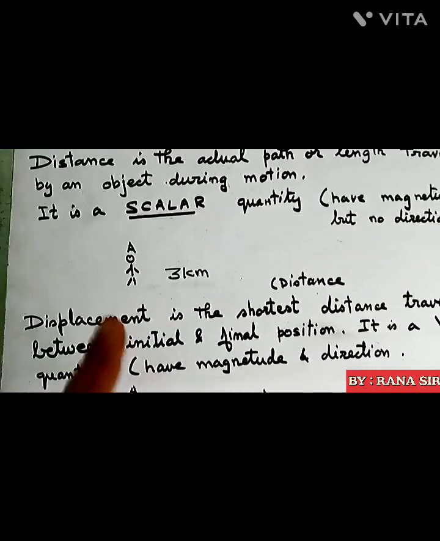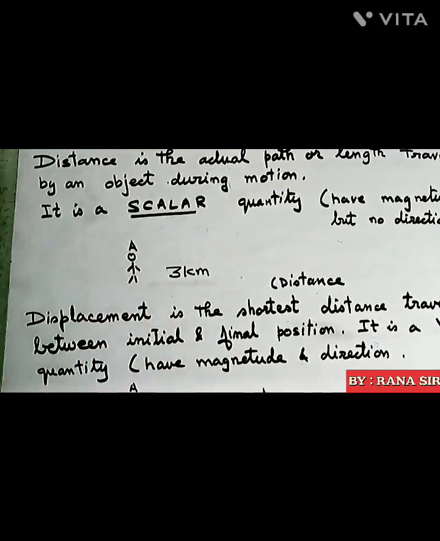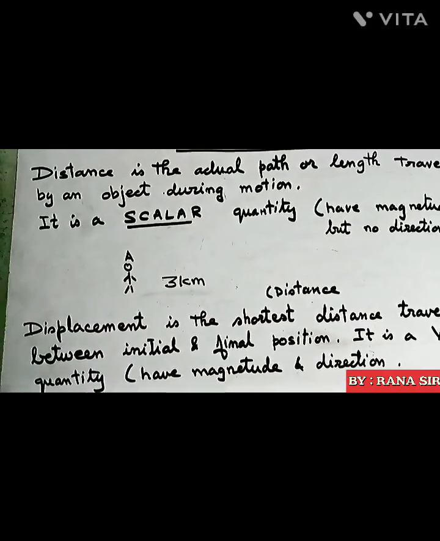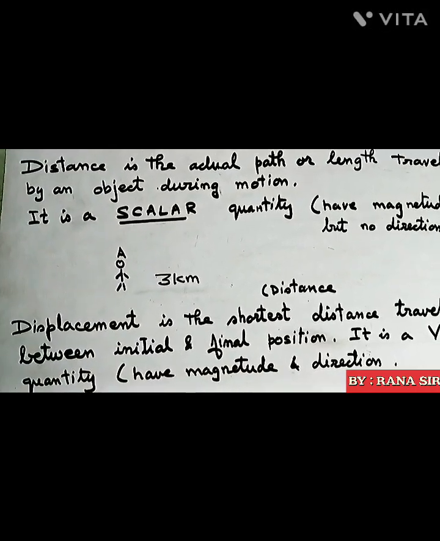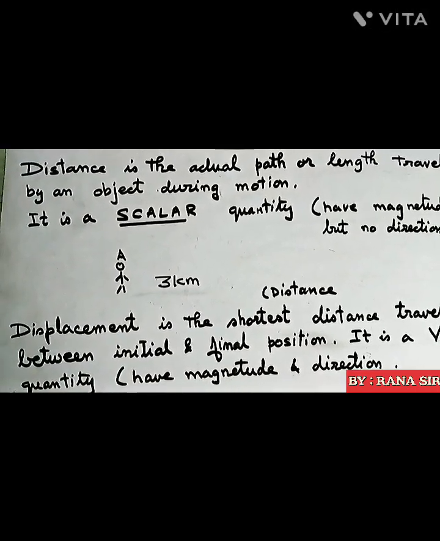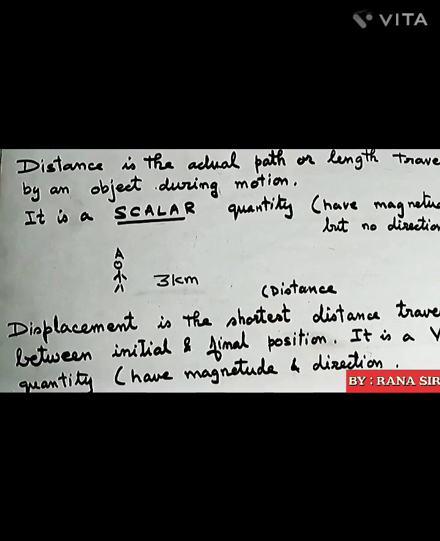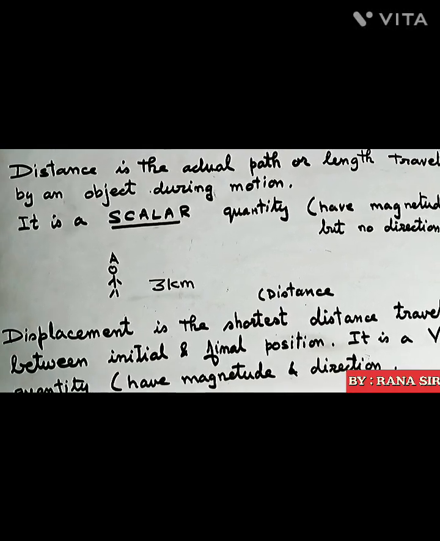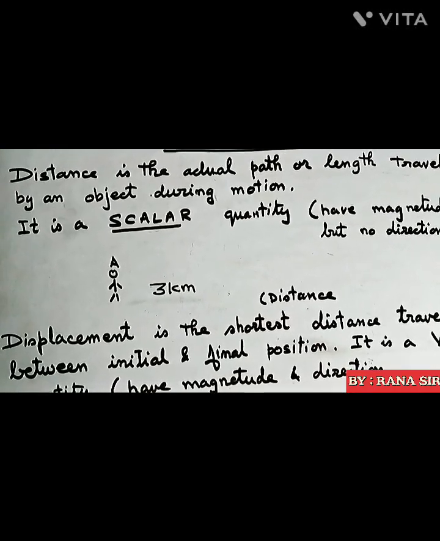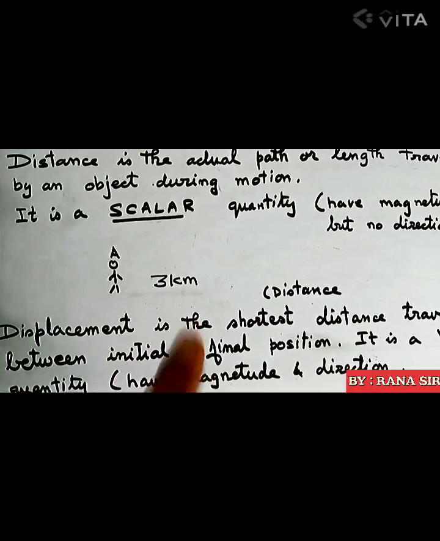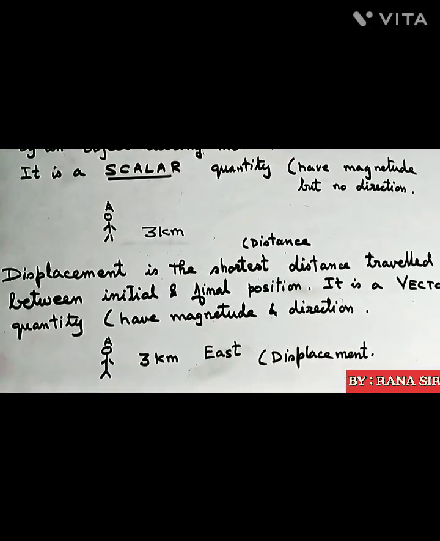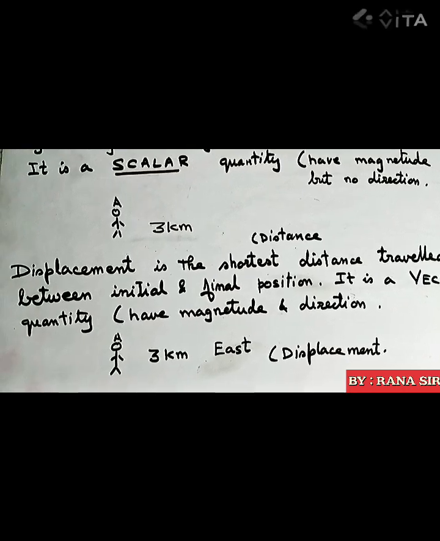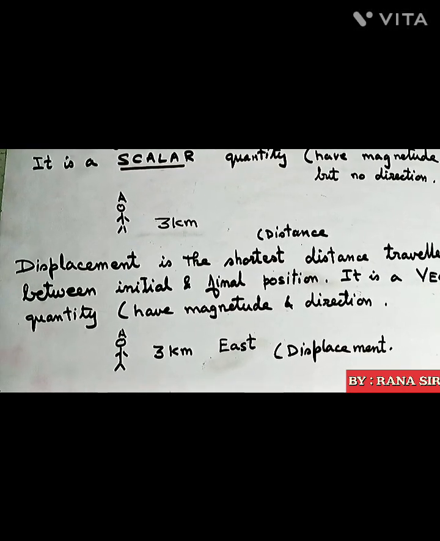For example, this is a person A. He has traveled 3 kilometers. But where has he traveled from? I don't know. So the direction is not given or not specified. Hence it is a distance but not displacement. Displacement, on the other hand, is the shortest distance between the initial and final position.